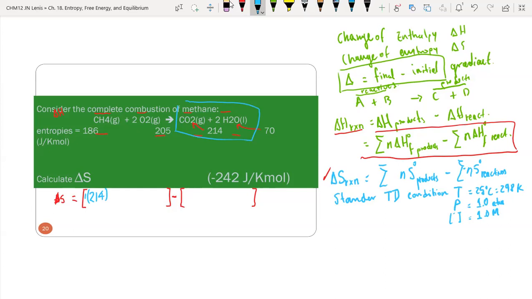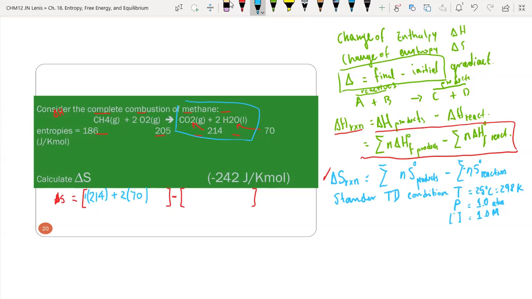So we add all products and multiply every entropy by its stoichiometric coefficient. So plus for water, we have 2 times the entropy of water, which is 70. And that is for the products.